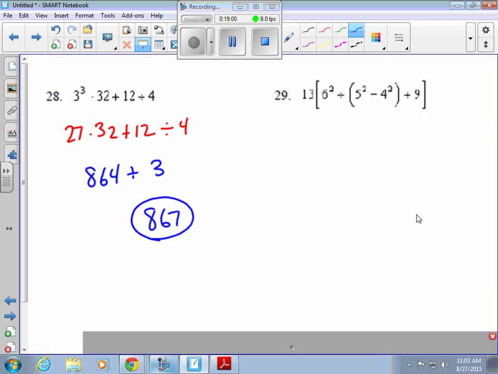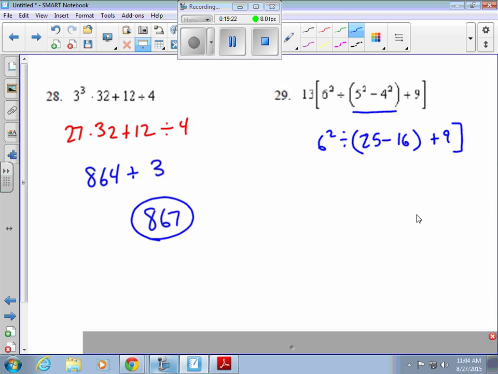29 says 13 times 6 squared divided by 5 squared minus 4 squared plus 9. Innermost parentheses first. Do the exponents. 5 squared is 25. Minus 4 squared is 16. Still inside of the innermost parentheses. So we still have 6 squared divided by what we have there plus 9.